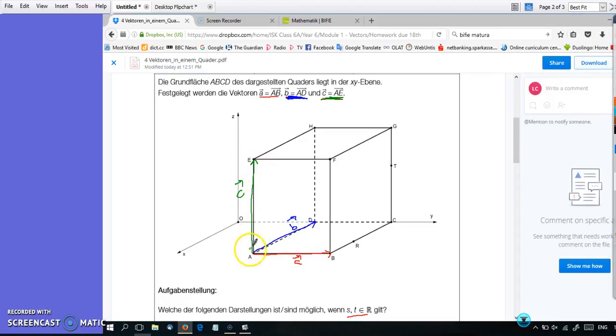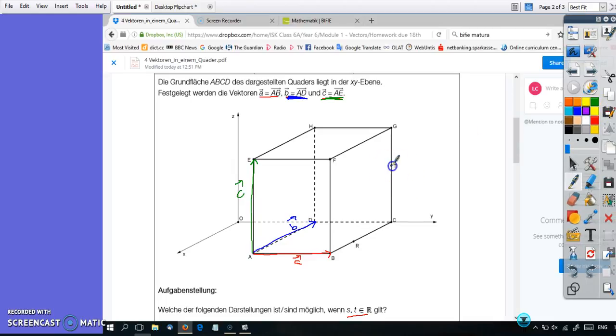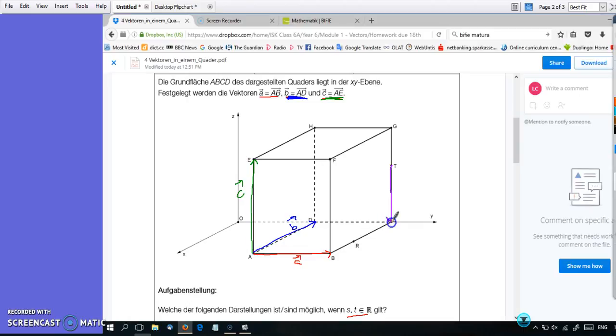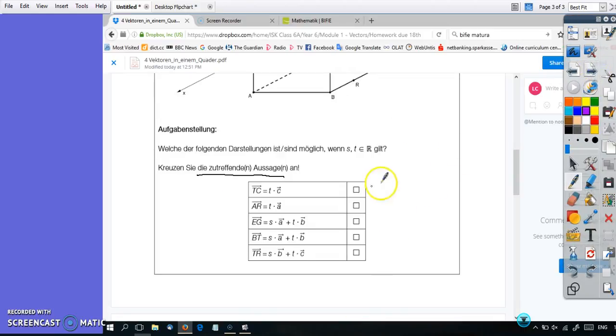Our question is, does the vector T to C, this one here, is that one parallel to this vector? Yes, they're parallel. They go in different directions, so our scalar t in this case is going to have to be less than 0, but it will work. We can make the vector a little bit shorter, but it's going to be fine because they're parallel.